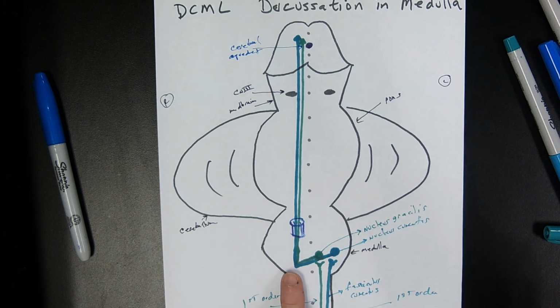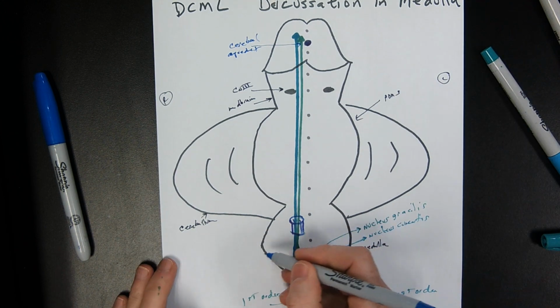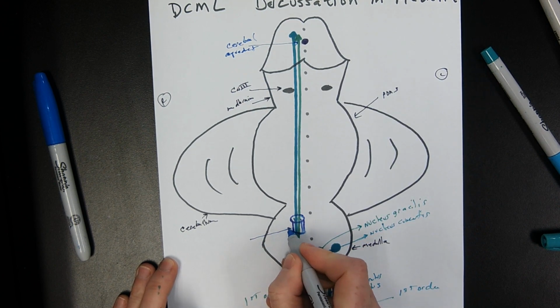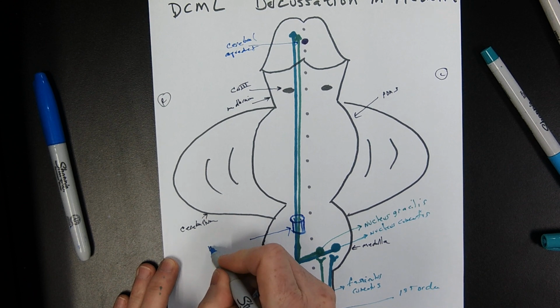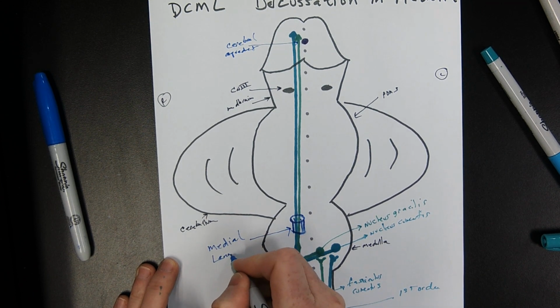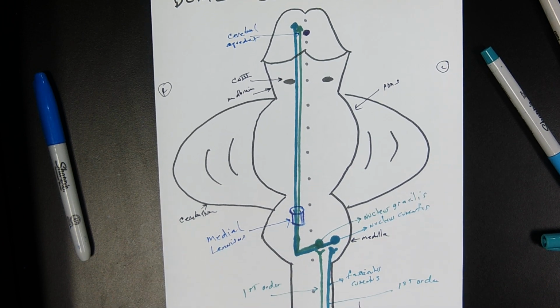Dorsal column, medial lemniscus, that's it. This is your medial lemniscus. This tract right here, this bunch of axons traveling together, is called your medial lemniscus. And that's the dorsal column medial lemniscus. That's where the name comes from. So in case you have trouble remembering medial lemniscus, just think DCML, dorsal column medial lemniscus.